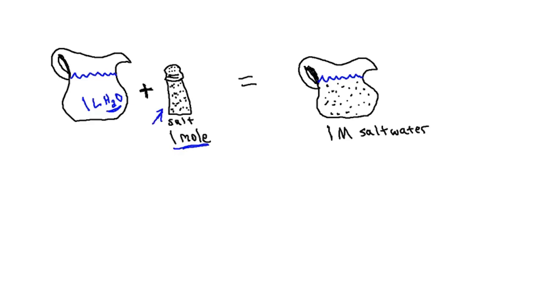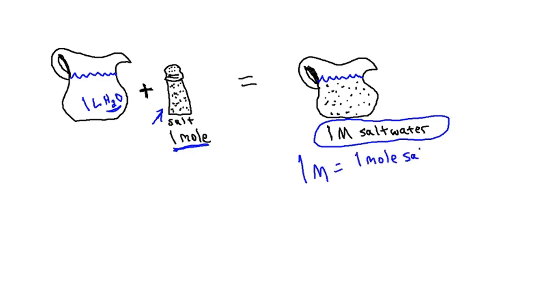If we put 1 mole of salt in 1 liter of water, then we're going to get 1 molarity of salt water, because 1 molarity equals 1 mole of salt in 1 liter of water.